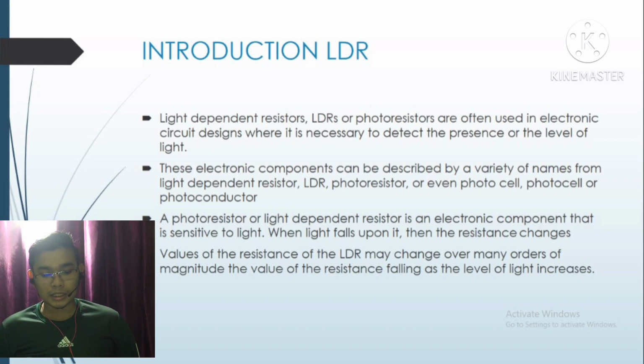A photoresistor is an electronic component that is sensitive to light. When light falls upon it, the resistance changes. Values of the resistance of the LDR may change over many orders of magnitude, with the resistance falling as the level of light increases.